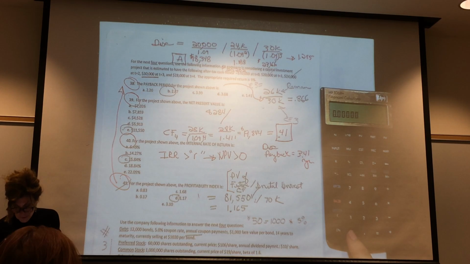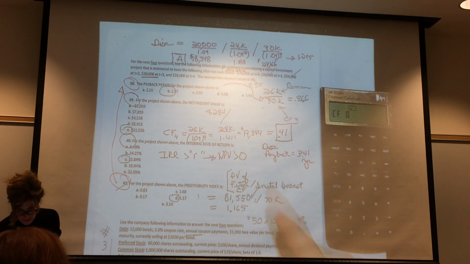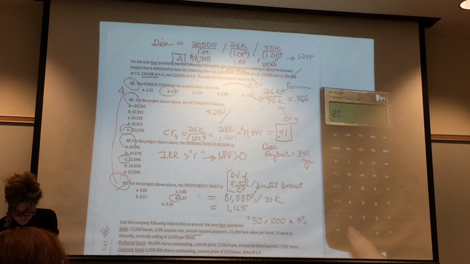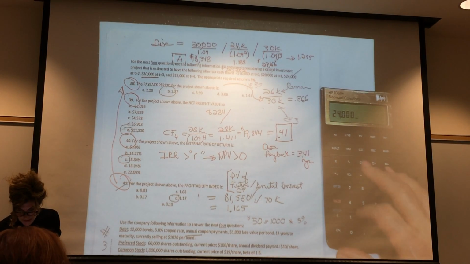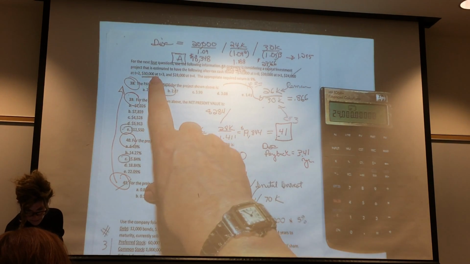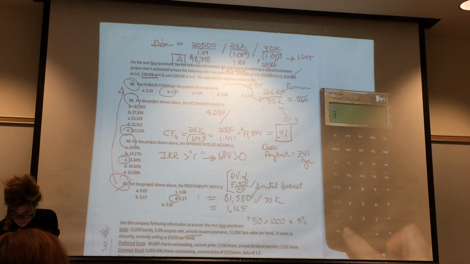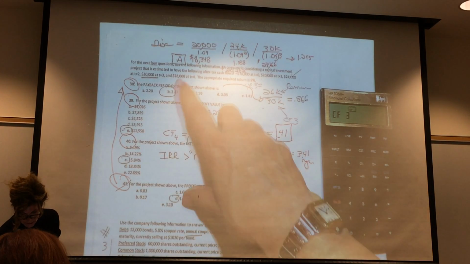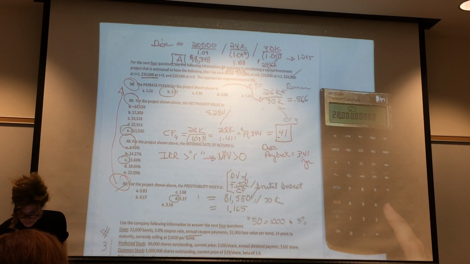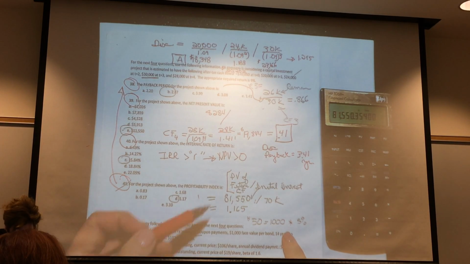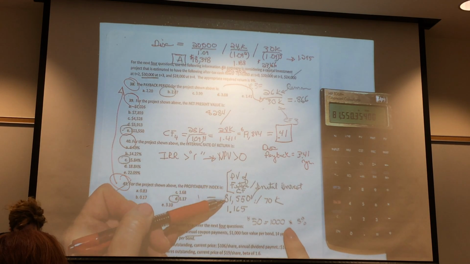So for cash flow 0, put in 0. Then do everything else: the 20,000, the 24,000, then the 30,000, and the 28,000. Discount that at 9%. Do NPV. My present value of my future cash flows is $81,550.